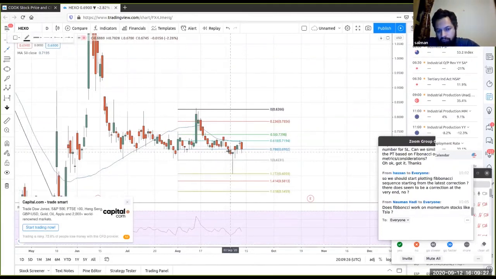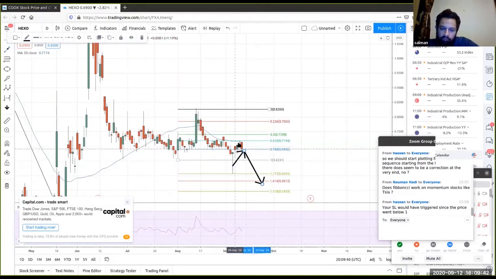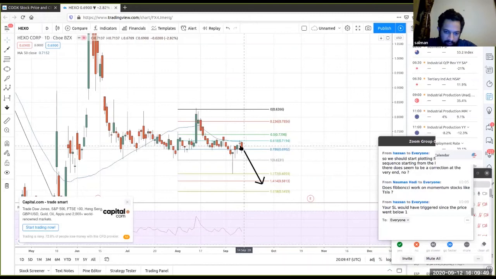So if this level is broken, what should happen is the price should go up again on this support, and then goes down sharply back. But this hasn't happened. So the price has gone back up, and then yesterday or Friday it has gone down. So I'm a bit confused on Hexo at the moment, but I think there is still some potential in this one.